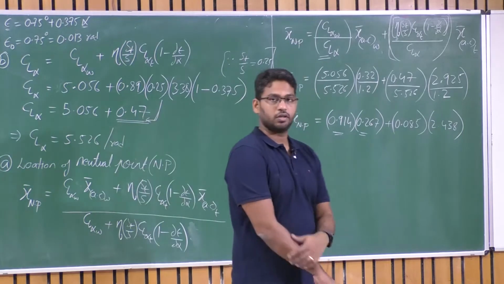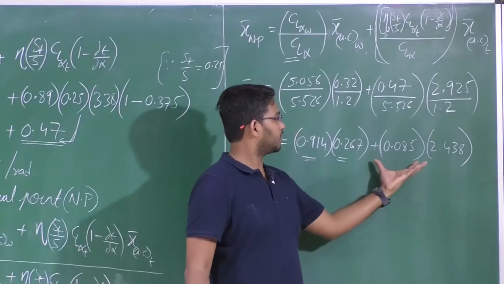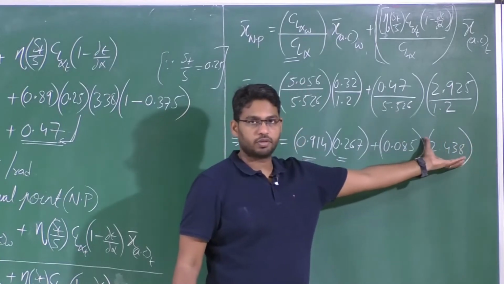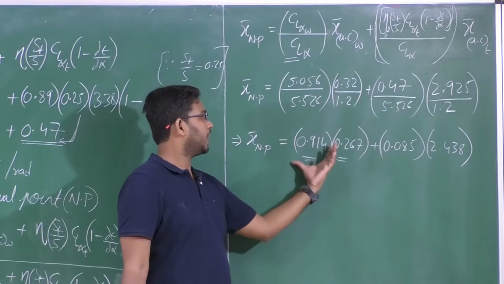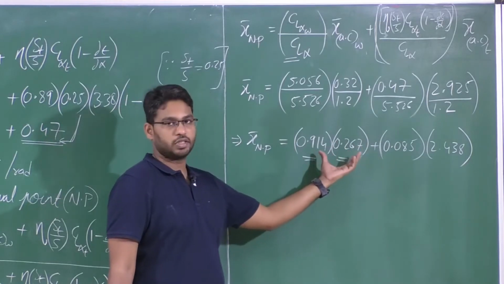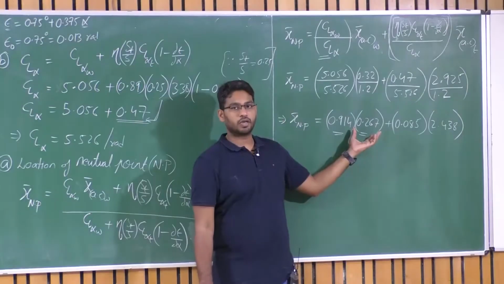The location of the aerodynamic center of the tail pulls the neutral point towards the tail.